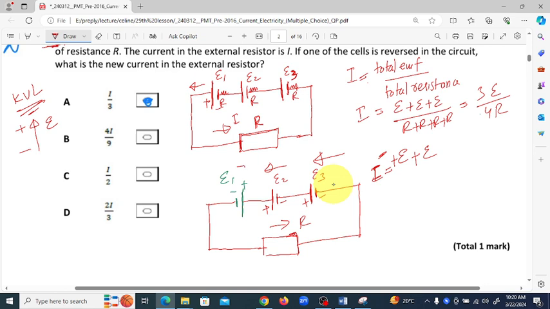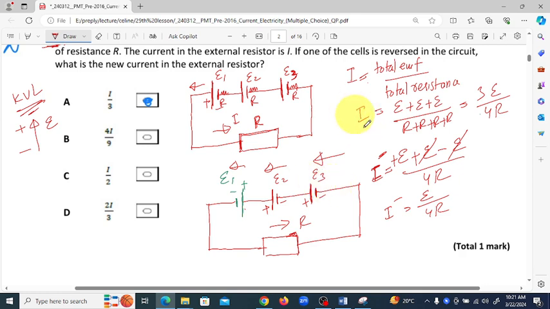But when we move through E1, from plus to minus, according to KVL this EMF is negative, minus E. We divide by the total resistance, which is again 4R. One EMF is cancelled, so we are left with I dash equal to E over 4R.